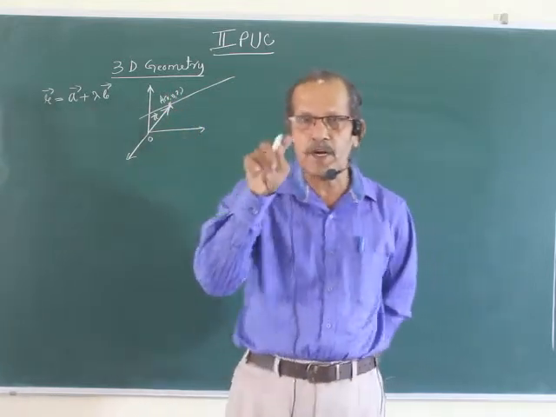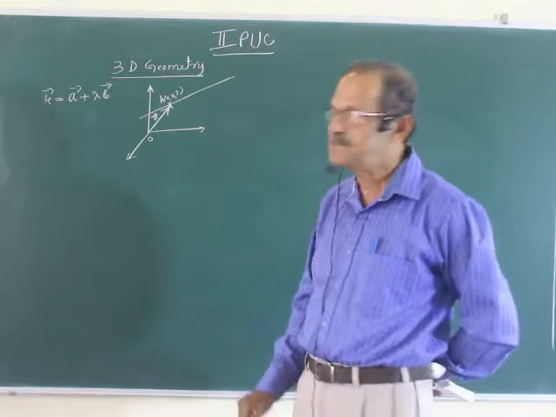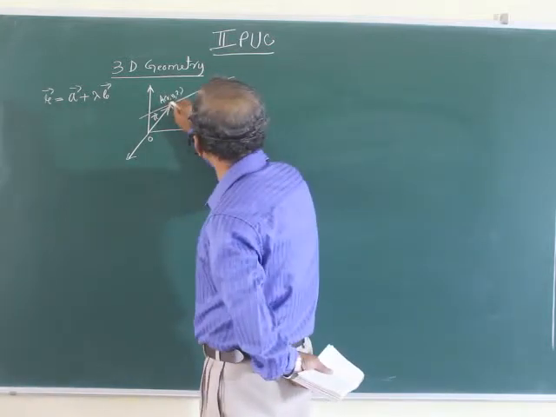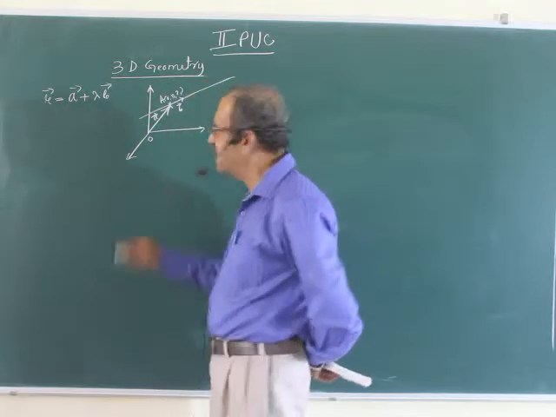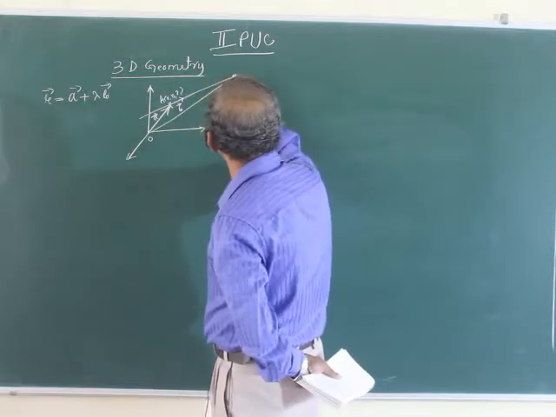So, one particular point should be given on the line, and the direction of the vector must also be given, B. Then you can write the equation of the line.